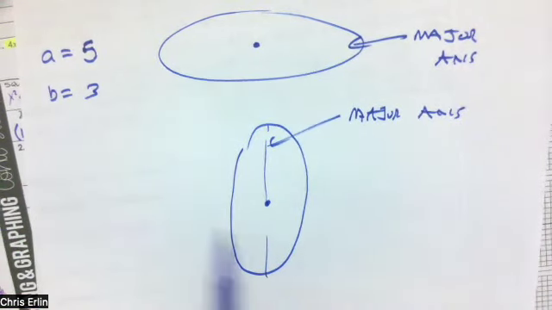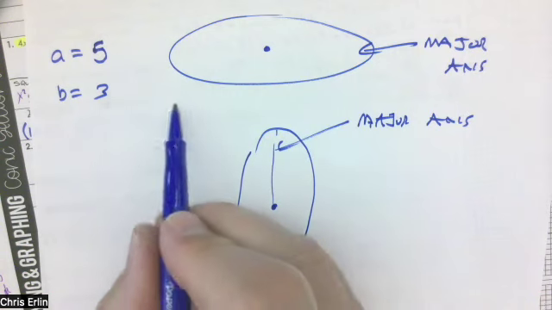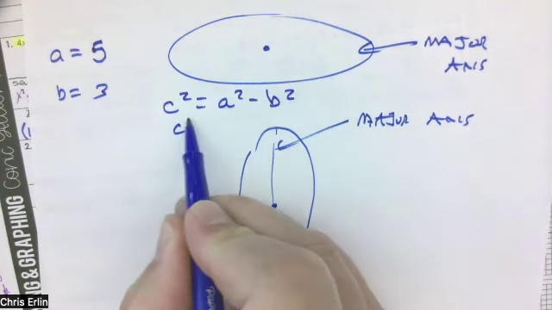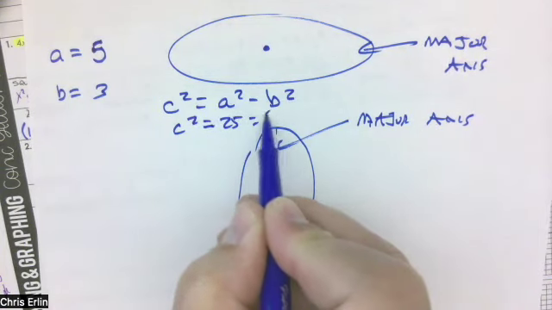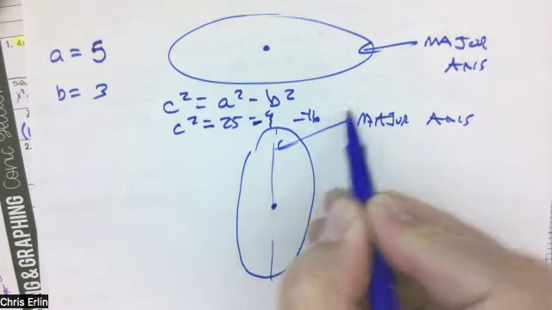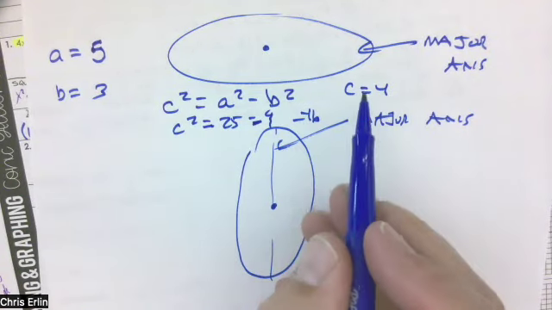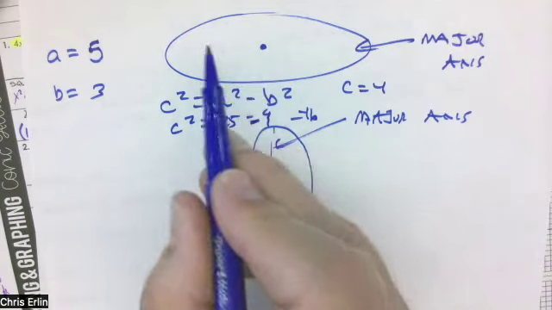Okay. So in this case, I would say c squared is equal to a squared minus b squared. So c squared is equal to 25 minus 9, which is 16. So c is equal to 4. That tells me that my focus is 4 units away from the center.